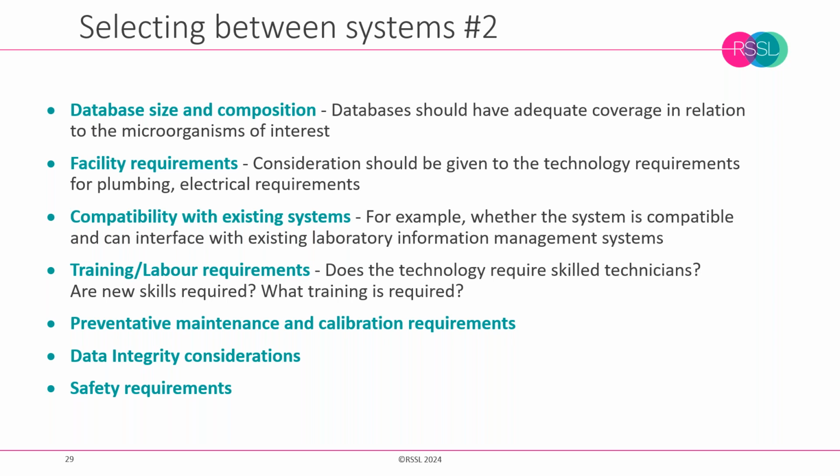In other cases, if we're used to a small space where we've been reading APIs, and suddenly we want to go to MALDI-TOF, then MALDI-TOF is a relatively large instrument. So we need to understand that. We also need to understand the utilities required. We may want our system to be able to connect up to a LIMS system. We need to understand training requirements and other factors. So we have all those selection things.